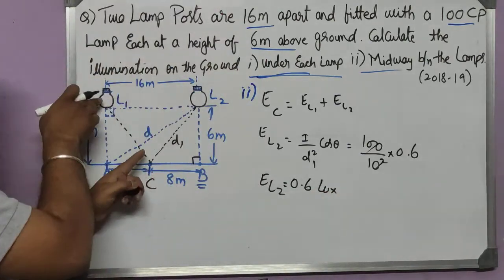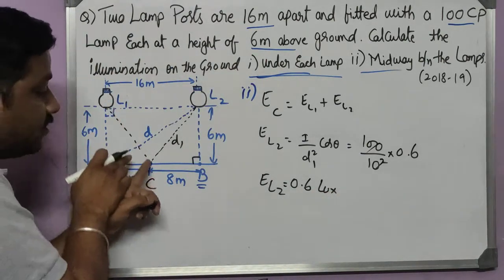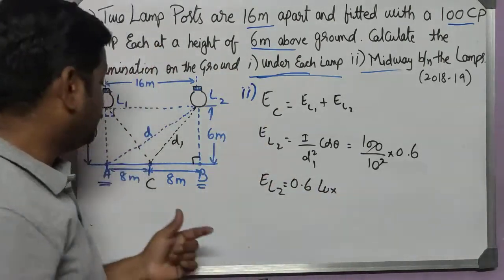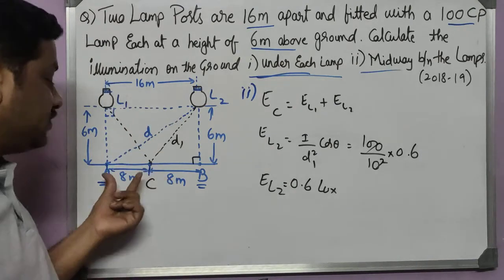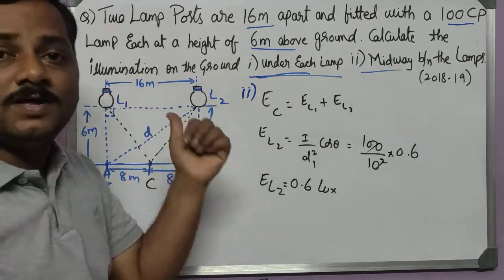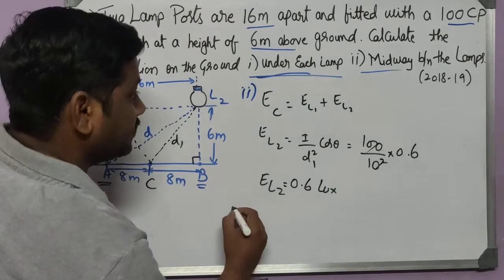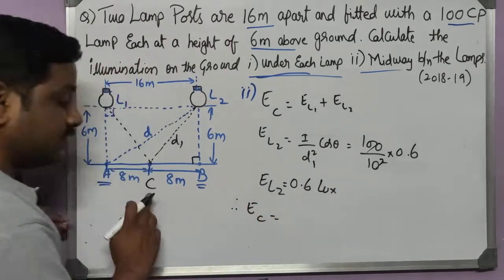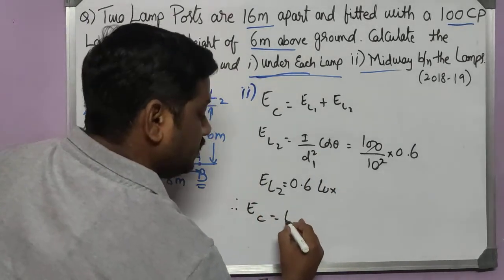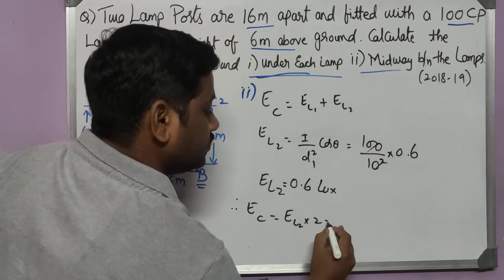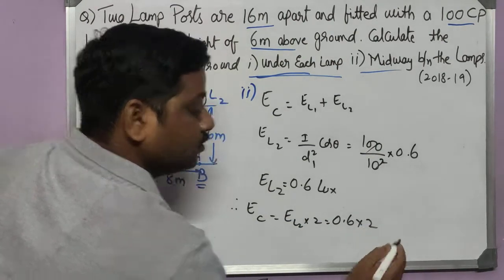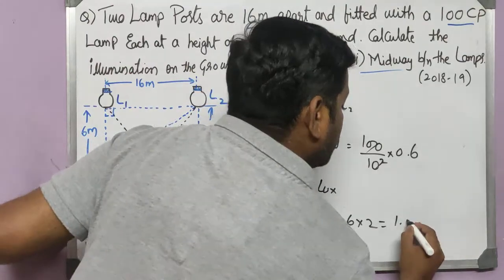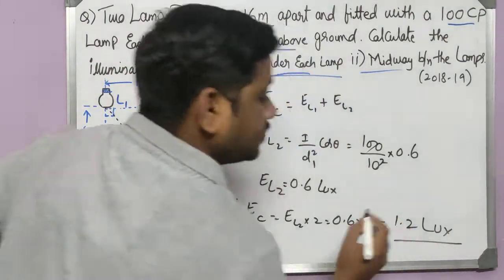But we also have lamp 1. Even lamp 1 will give the same effect, because it has the same distance, same height, and the same capacity. So the illumination at point C can be given as EL2 into 2, which is 0.6 into 2, which is 1.2 lux.